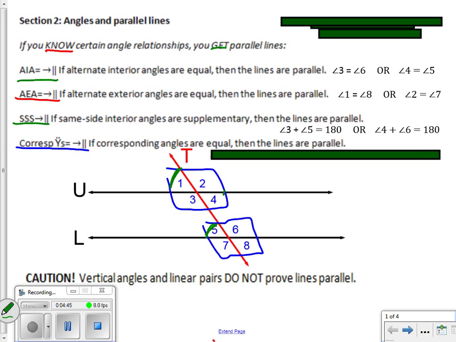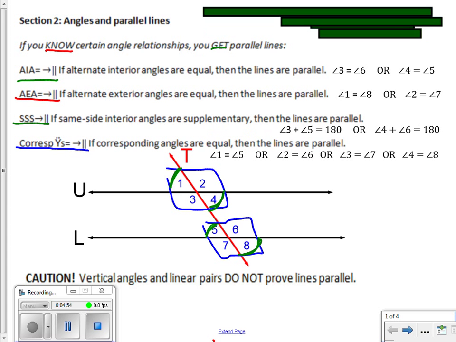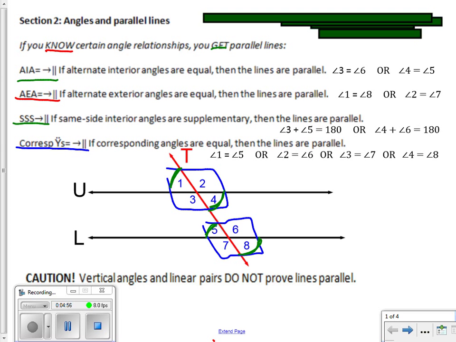Same thing with angle 4 and angle 8. All of the ones that work are 1 and 5, 2 and 6, 3 and 7, 4 and 8. If those are equal to each other, then those lines have to be parallel.